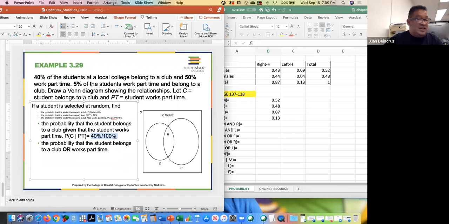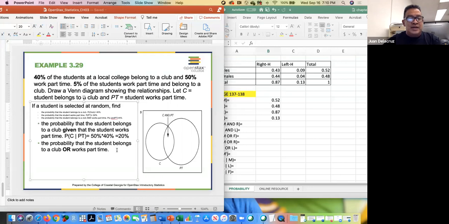So the probability of work is 50% times the conditional probability. So I computed that in that way and I came up with 20%.